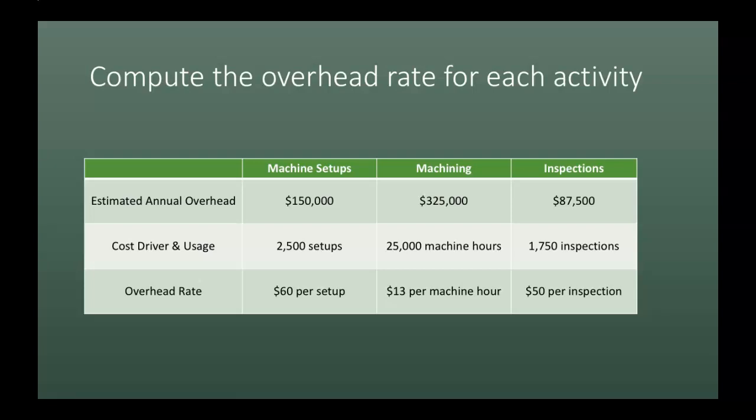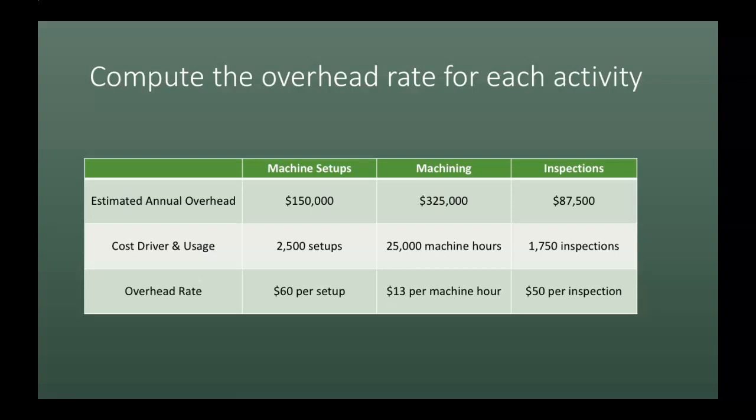So a company might choose to find overhead rates for each activity rather than just a predetermined overhead rate like we found back in number 2, because here it's a little bit more personalized to each activity, right? There's some activities like machine setups and inspections where there's a lot more overhead per setup or per inspection than what we see in machining, where we only have $13 of overhead per hour.